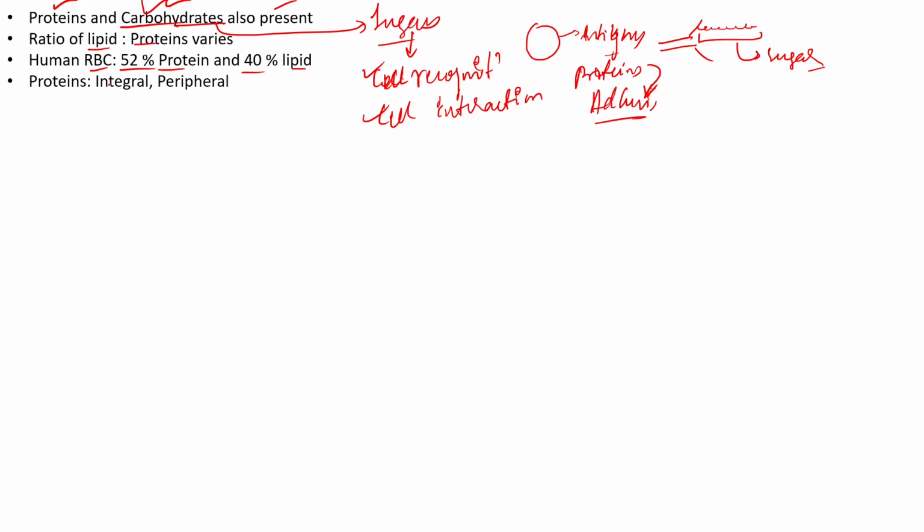So now, we can categorize the proteins in the cell membrane into two types. The first one is the integral proteins, and the other is the peripheral proteins. What do you mean by integral proteins?